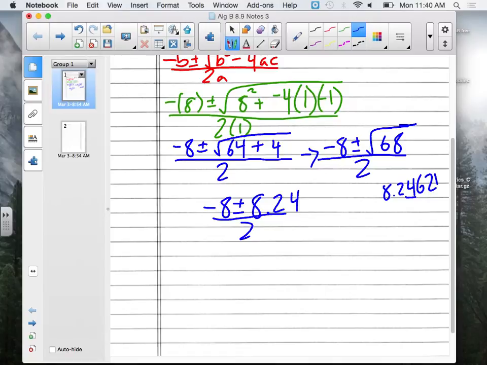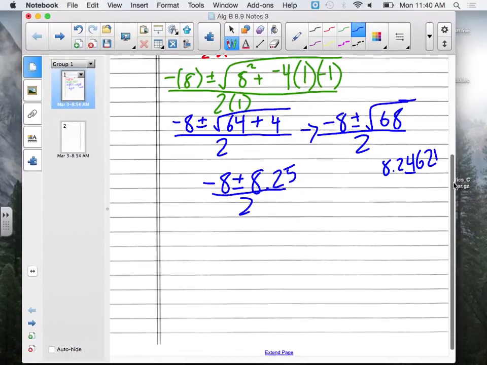So that's a 6, right? When the number after the decimal point is 5 or greater, we usually round up, right? So since this is a 6, we would round the 4 up to a 5. So this would be 8.25. Good question.